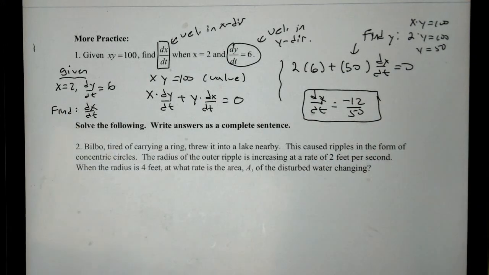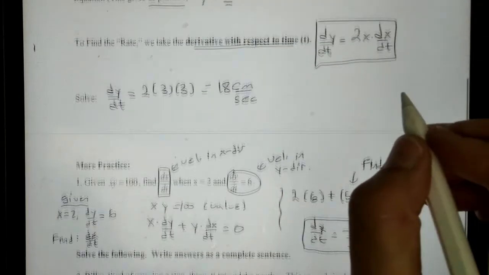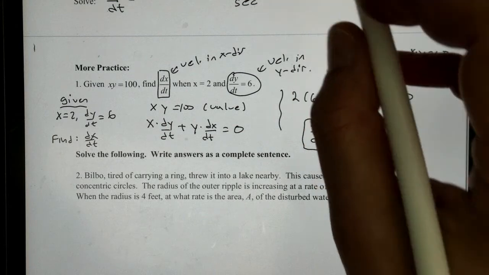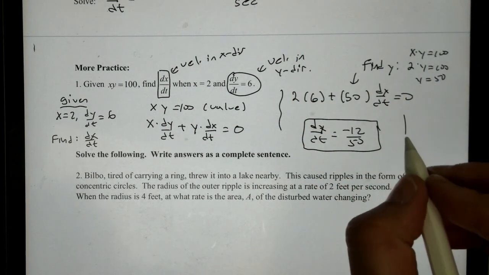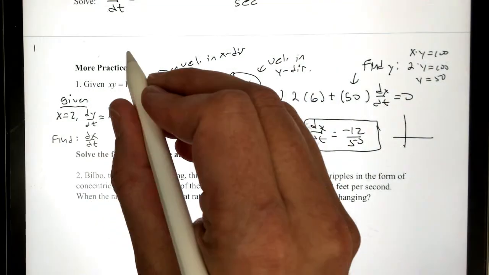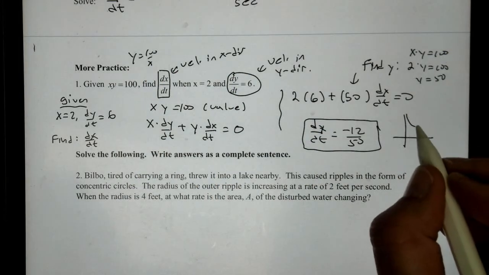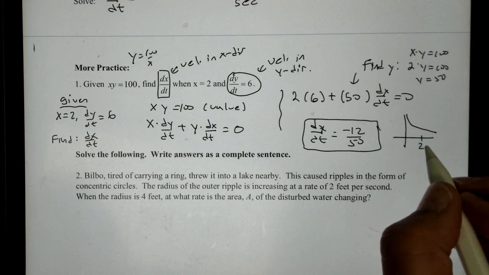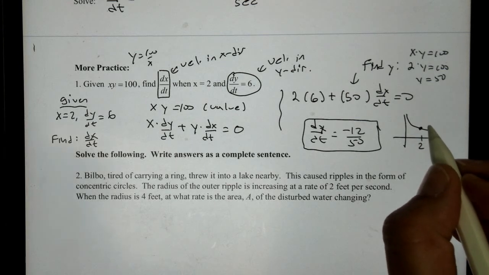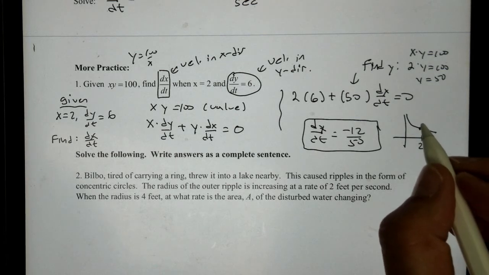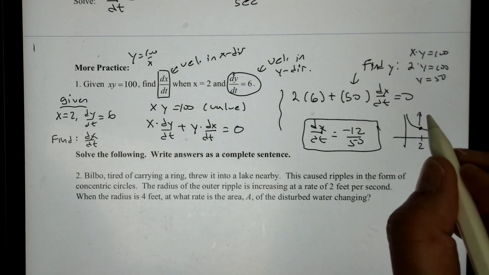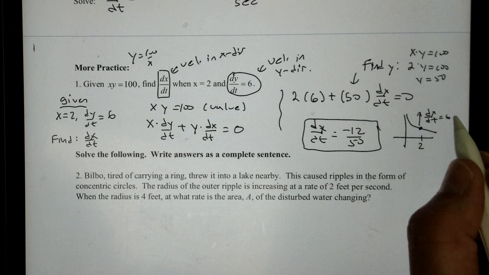And there's our answer. So what this is telling me is, imagine this. If we're looking at a graph, this is just the function y equals 100 over x. It looks like this. At the point where x equals 2, they're telling us vertically it's going up 6, like 6 miles per hour, whatever.